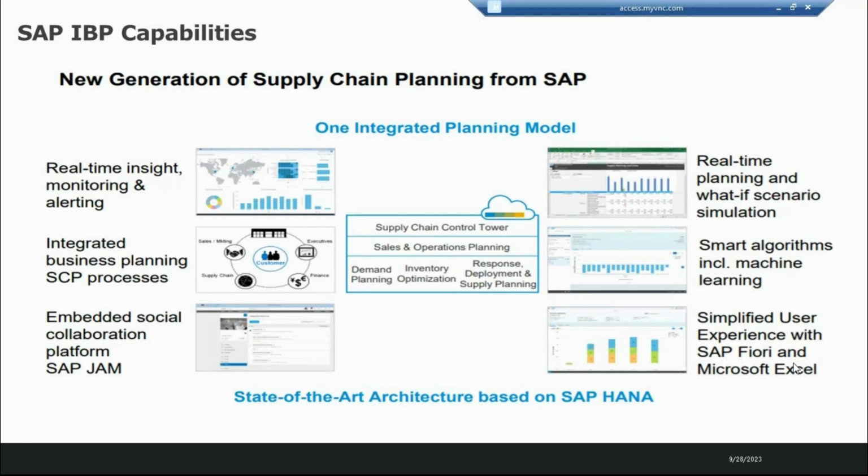So the strength of this tool is that planners directly work in Microsoft Excel. You don't need to change any technology. IBP is a plugin in Excel, so they can directly work in IBP Excel. Anyway, I will show you after this PPT. It is easy adoption, and all planners are very happy because they work directly in Excel. This is the biggest strength, selling point, and success of this tool.